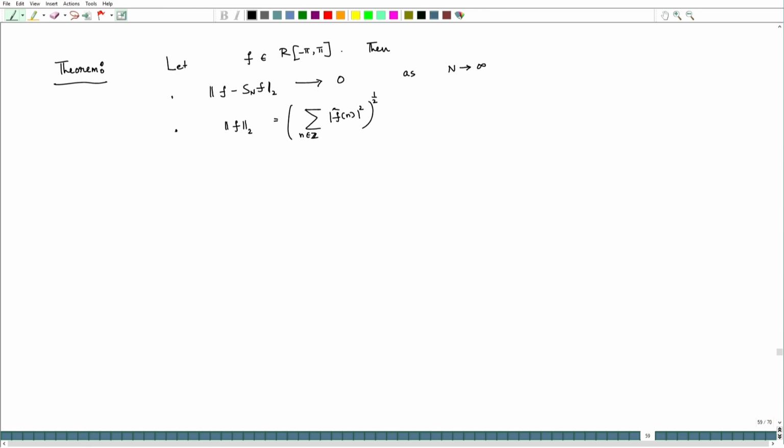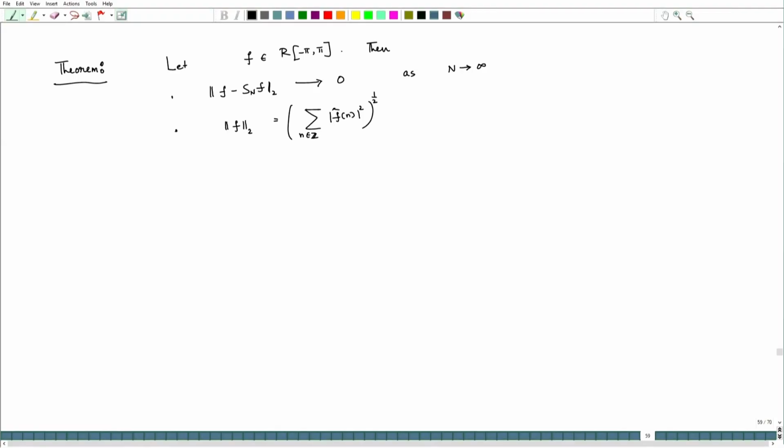Which means that if we know f hat(n), we can completely capture the norm of f through this. This is the so-called little l2 norm, but we are not going to talk in the abstract setting.